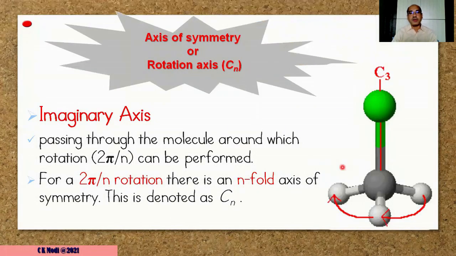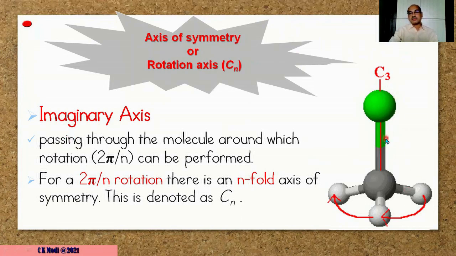Now the third symmetry element is called axis of symmetry or rotation axis, which is symbolized by Cn. This axis of symmetry or rotation axis is an imaginary axis.